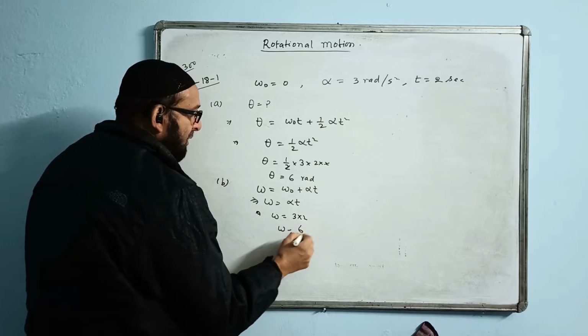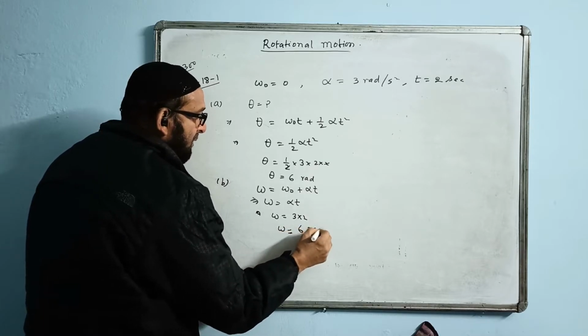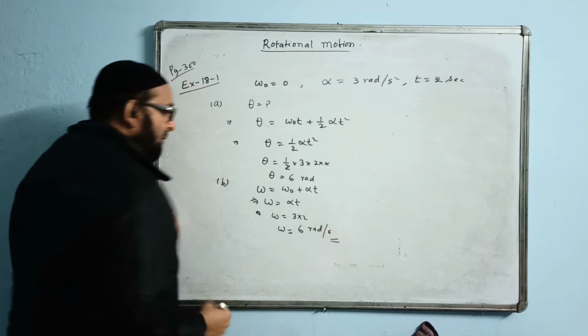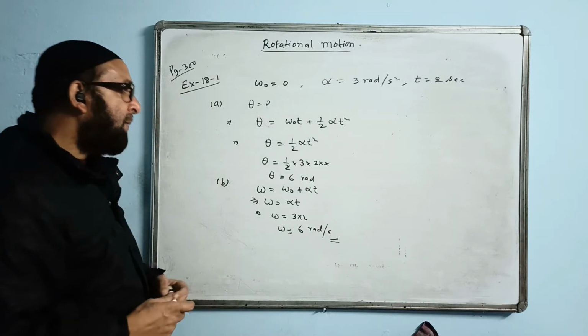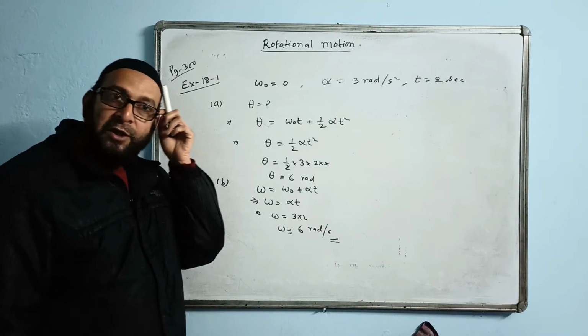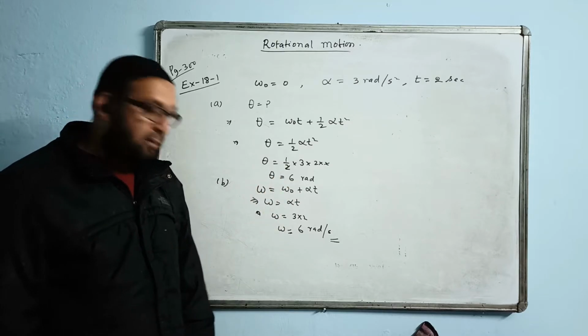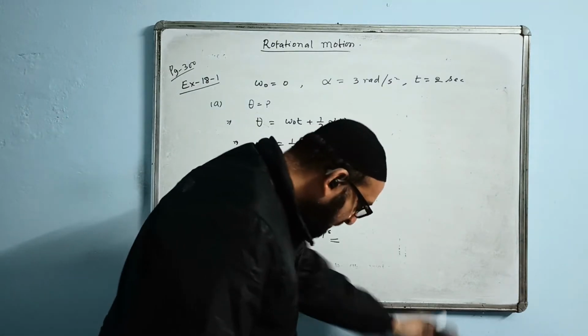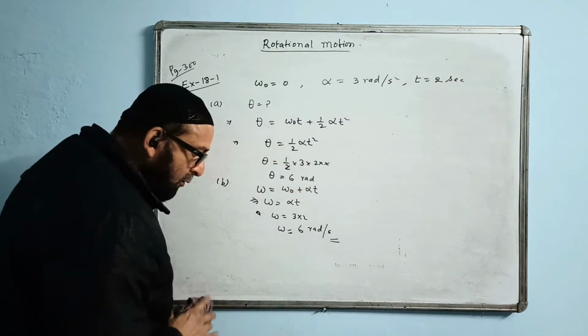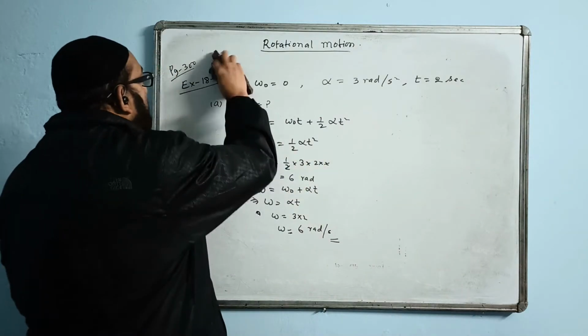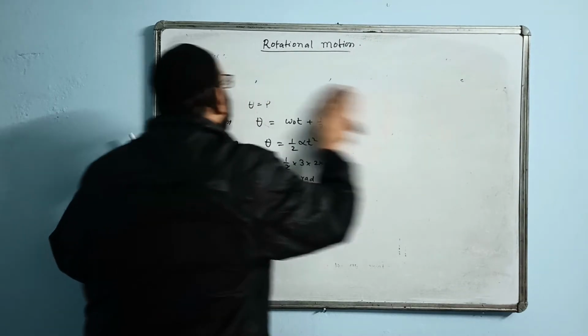Omega value will come 6 radian per second. Quite simple. By chance, if you are asked to find the number of rotations, you will do theta, 6, by 2 pi. So that is the answer for number of rotations. Okay, now a similar question we have, example 18-2. You can have a look at it and do it.